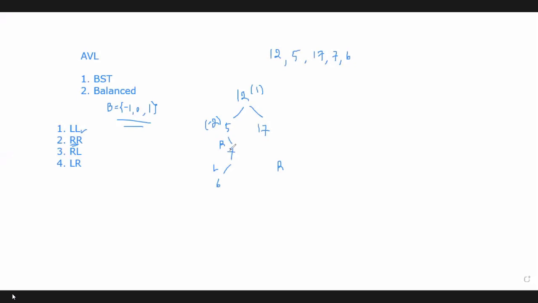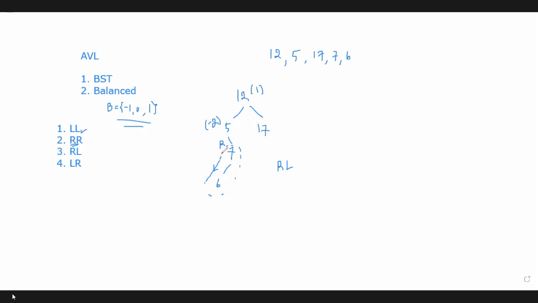So here we got 7 by adding a right child to where? To the root node 5. 7 is the right child of 5. So if it is a right child, then we should use which rotation? Left rotation. Okay, so at first we'll change this portion of the tree by using right rotation.